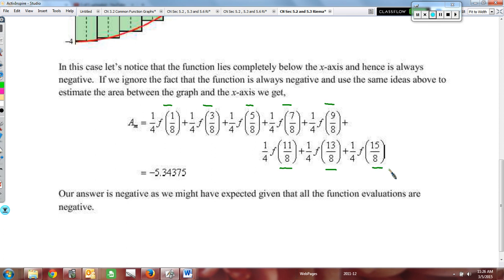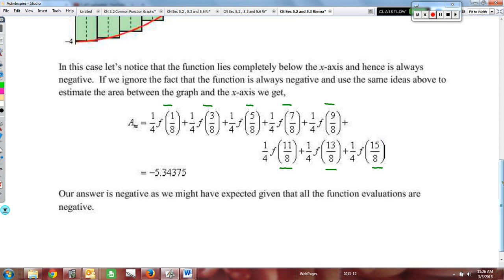Area is always positive. A Riemann sum is going to be negative in some cases. So if I wanted area, you would have to convert into a positive number so that you would have area. That's something we're going to discuss more in the next set of notes.